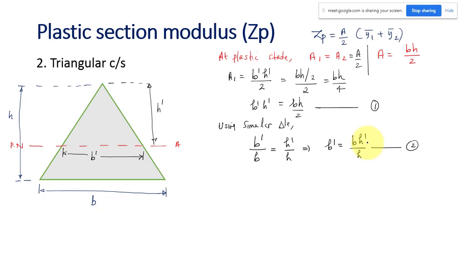Now from equation 1, we can get the value of H dash, that is equal to BH by 2B dash. I have just rearranged this equation, so I can write H dash is equal to BH by 2B dash.